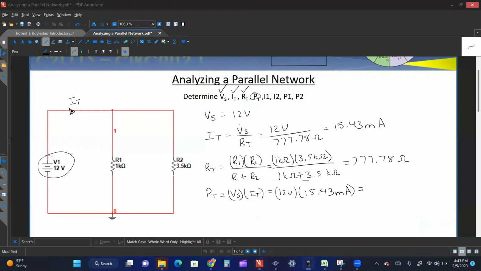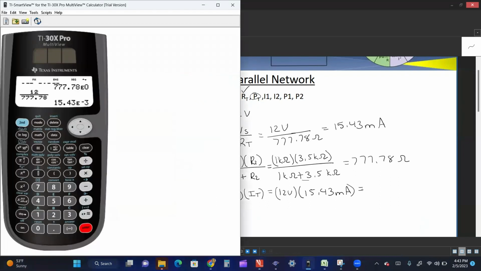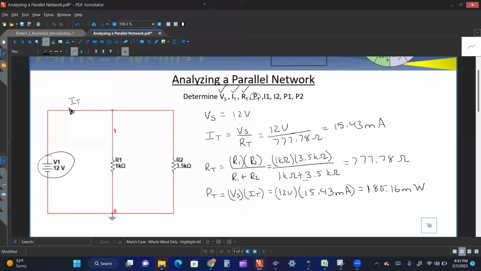And so let's calculate that one. 12 volts times, go up and grab that. You get 185.16 milliwatts. All right, so we got that one.